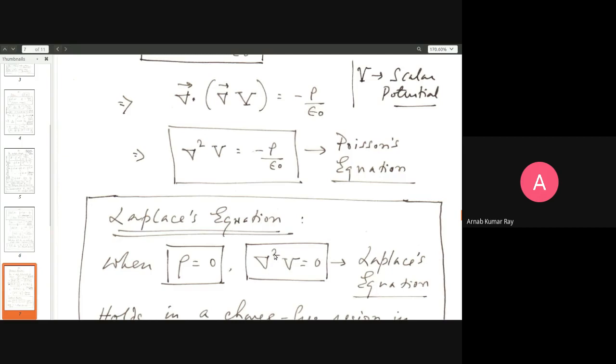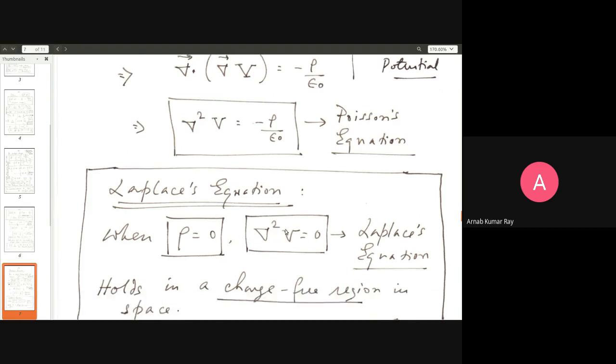So suppose you are now locally looking at a region in space where you have the electric field, but the source charges of the electric fields are at some other point far away. In that case, you will have zero charge, therefore zero charge density. In which case, rho will be equal to 0, and you will just have del squared V is equal to 0, which is Laplace's equation.